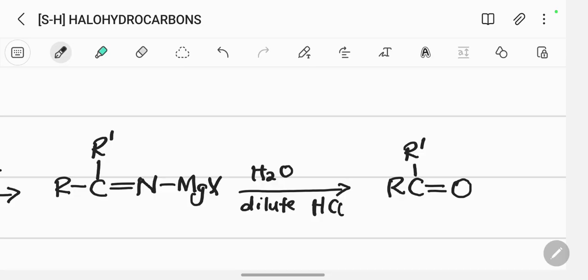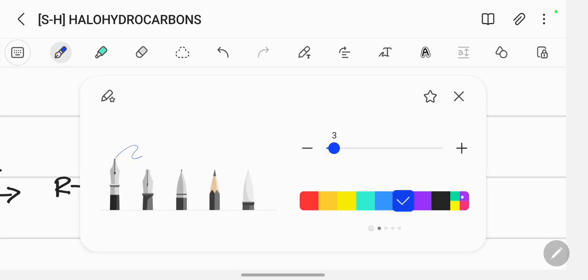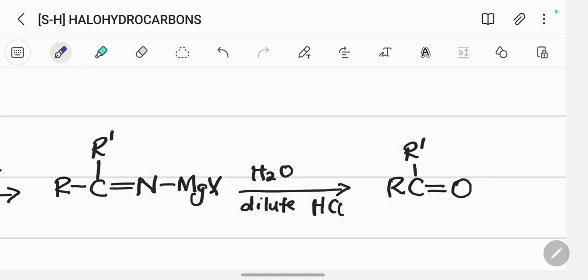So for this case, when we add in water, I want you to imagine that during formation of ketones, this oxygen is going to come and sit in this position. For understanding, let us take it that way.